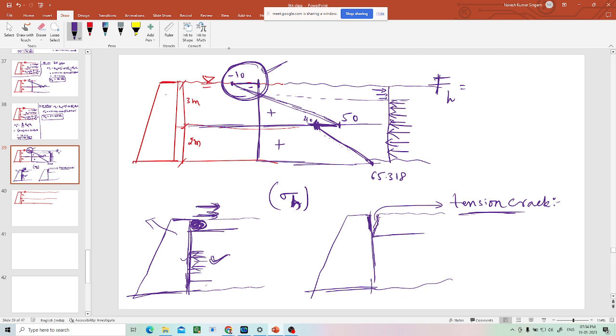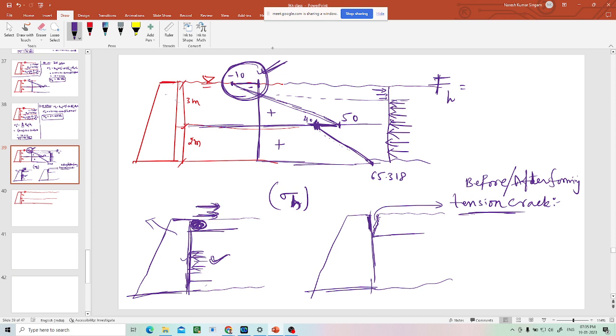So people may ask you about before forming the tension crack or after forming the tension crack. If before forming the tension crack, for the earth force you have to take all the forces because it is still not formed. That means this much force is applied on this.